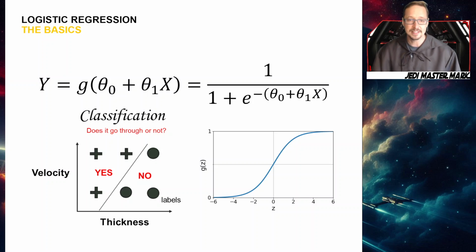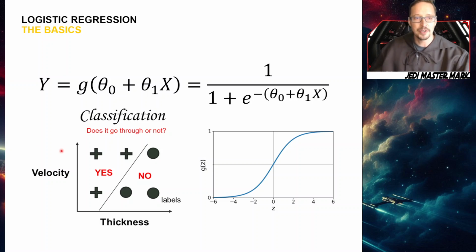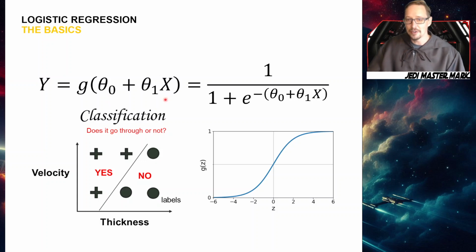Okay, so the basics, again, I'm going to put my laser pointer on here. Y, which is our output, is a function of a new activation function, a new nonlinear function, and you can see here our linear regression portion. And what does this function look like?